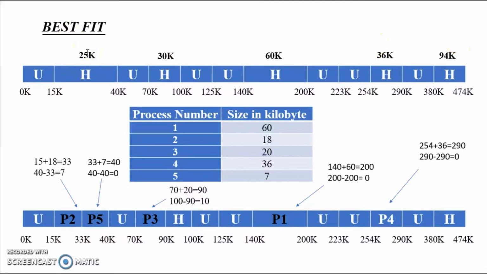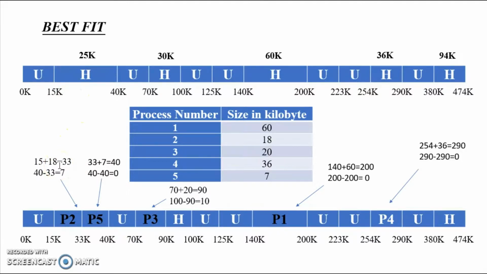All the holes can fit process number 2, but we have to choose the smallest one, which is 25 kilobytes. So we place our process 2 in the first hole.